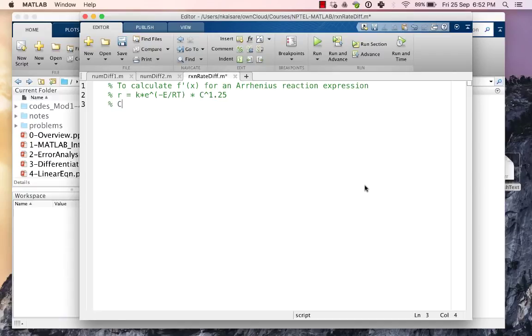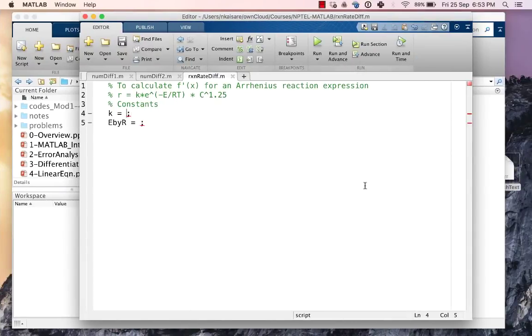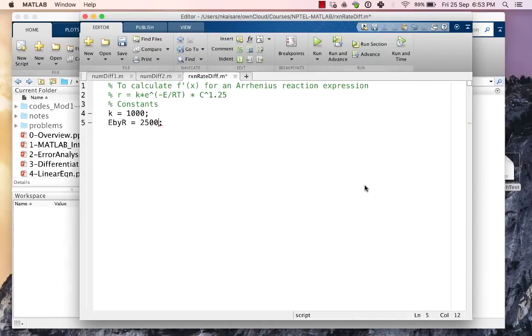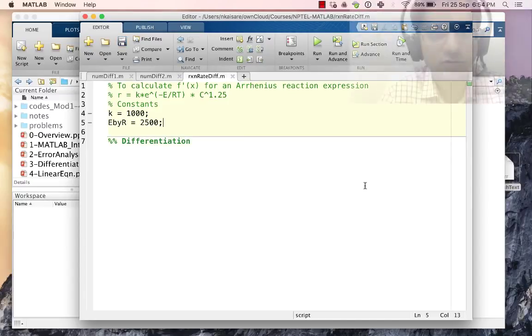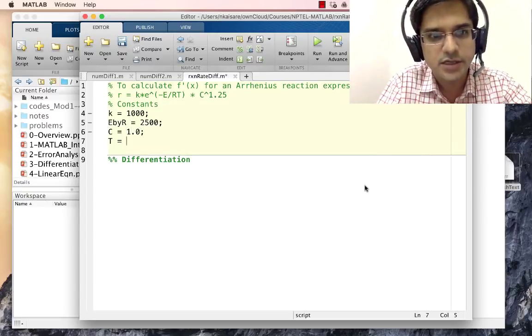Constants K equal to, and e by R equal to. So K was 1000 and E by R is 2500. Differentiation. Do this at C equal to 1.0 and T equal to 600.